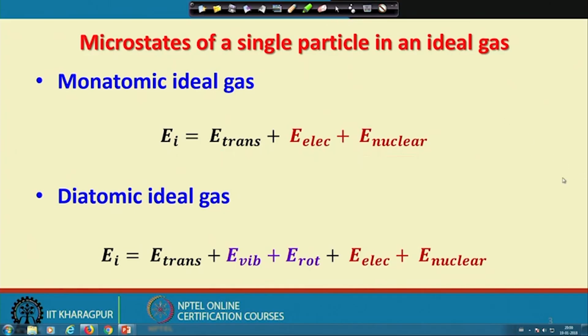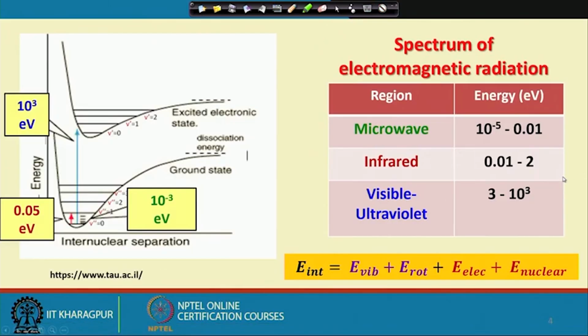Specifically, we talked about how to separate out the effect of the internal structure of the molecule in terms of not only the nuclear energy levels and the electronic energy levels, but also taking into account the separation into the vibrational energy levels and rotational energy levels associated with each electronic energy level of the molecule. So, now we are quite ready to start calculating the single particle canonical partition function using these results.